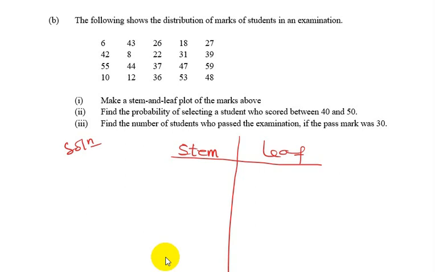What do I mean by that? If we take this number, for example, 43, I'll write the 4 at the stem side, and the 3 will go to the leaf side. So the 4 will be for stem, and the 3 will be for leaf. It will apply to all the numbers.